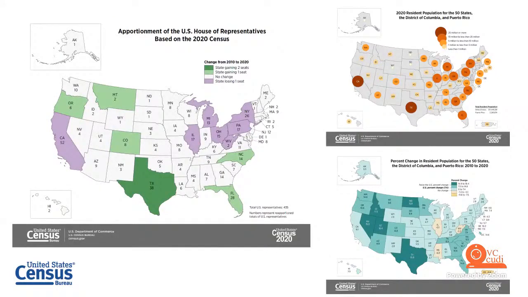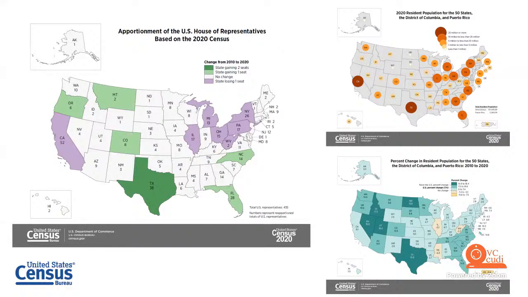This is a recent example of a suite of maps that we released with the 2020 census apportionment release. The first map shows the change in the US House of Representatives seats based on the 2020 census. States that gained seats are shown in shades of green, and the states that lost seats are shown in purple, because there's only one category there.